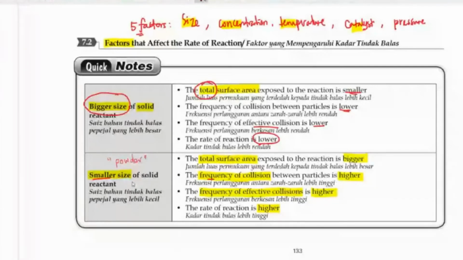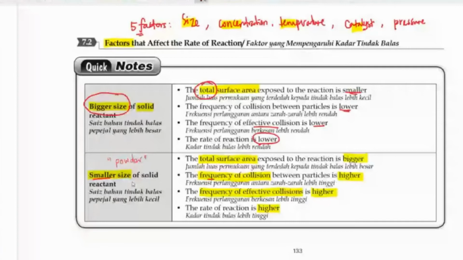For bigger size, normally you see granules, strips, sometimes chips. All these words refer to the bigger size. Only powder is the smaller size.